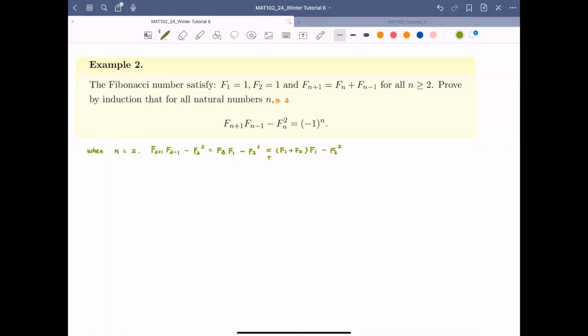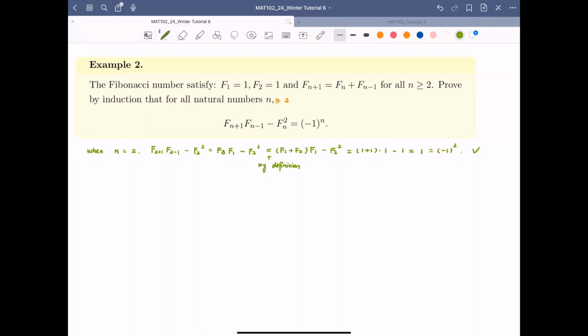Here I'm going to say by definition. And now this is 1 plus 1 times 1 minus 1, which is 1. But I'm not done yet because I need to check this. How do I write 1 as something like this? 1 equals to what? That's correct. 1 equals minus 1 to the power of 2. So once you reach here, you can say my base case holds. Okay?